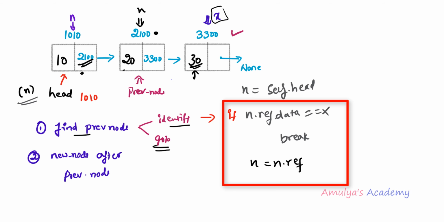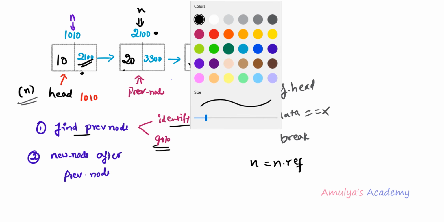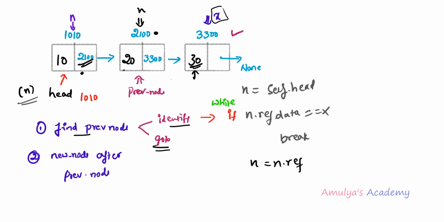So to repeat this, I'll use a while loop here. And here I need to take a condition, right? When that condition becomes true, then I need to execute this body. If condition becomes false, then I need to stop the execution of this while loop body. So what is the condition here? To find the x and the previous node, we need to search the entire linked list, right? We need to iterate this until we reach the last node.